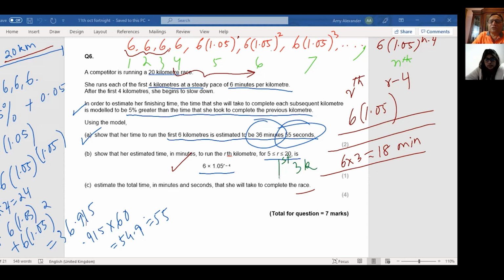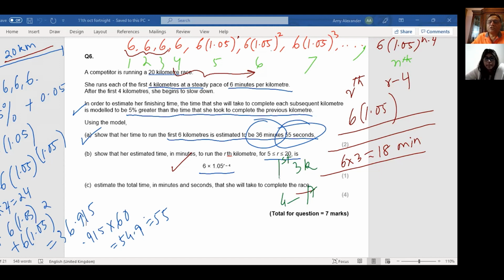Then from the fourth to how many? 20, right? Total is 20, correct? So we have added 3 already. Now we have to go to the fourth term and thereafter to the 20th. So the number of terms will be 17, correct?